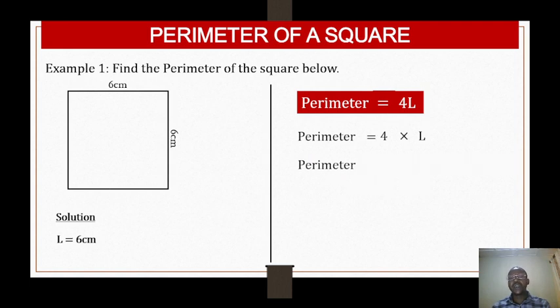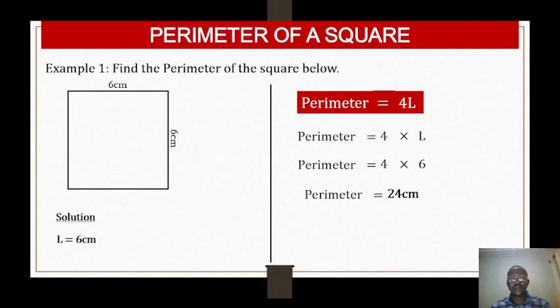Perimeter is equal to 4 times 6. Our perimeter is going to be equal to 4 times 6, which is 24 centimeters. That is the unit of perimeter in this case. The answer is 24 centimeters.